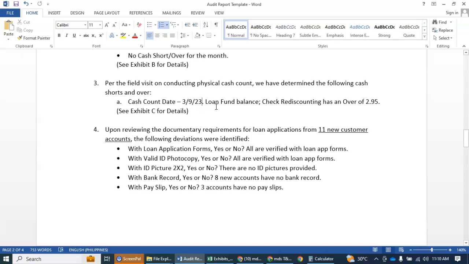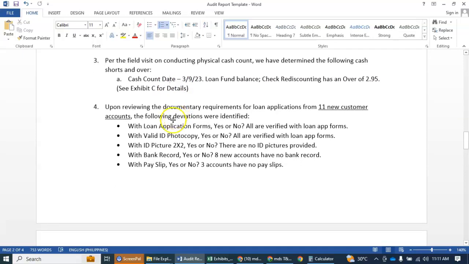We have a lot of cash funds inside the branch. We have the loan fund, the check discounting fund, and others for other purposes, like merchandising. Then we cash count each of those funds.